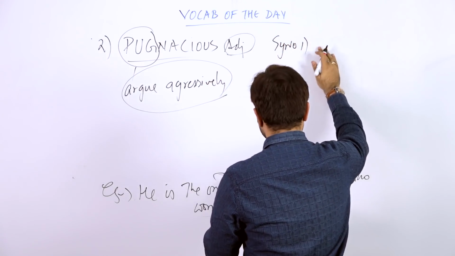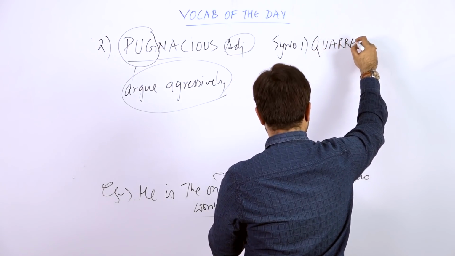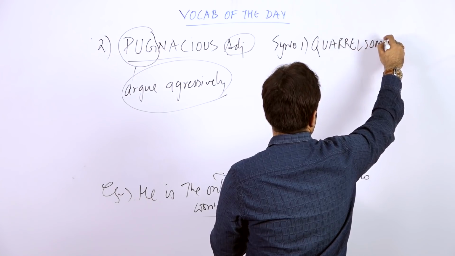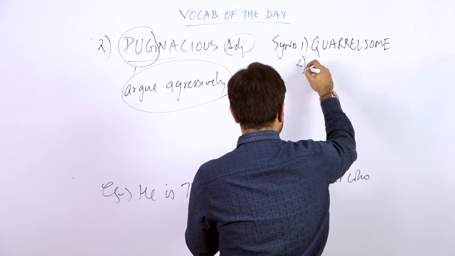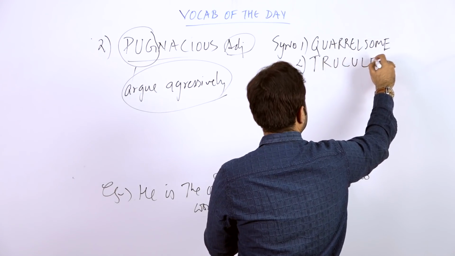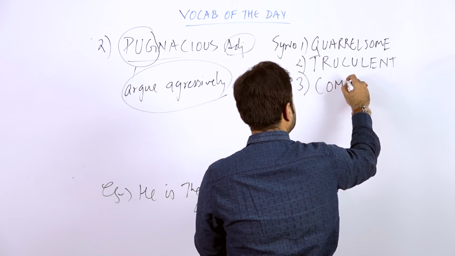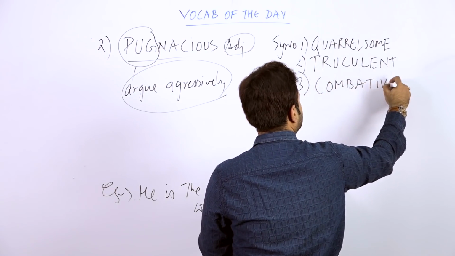The first one you can take is quarrelsome, QUARRELSOME, quarrelsome. It's clear. The second word you can take is truculent, TRUCULENT, truculent. The third word you can take is combative. All are very pretty nice words.